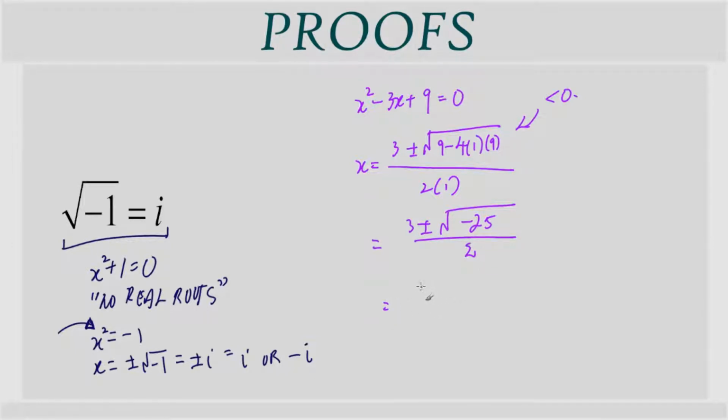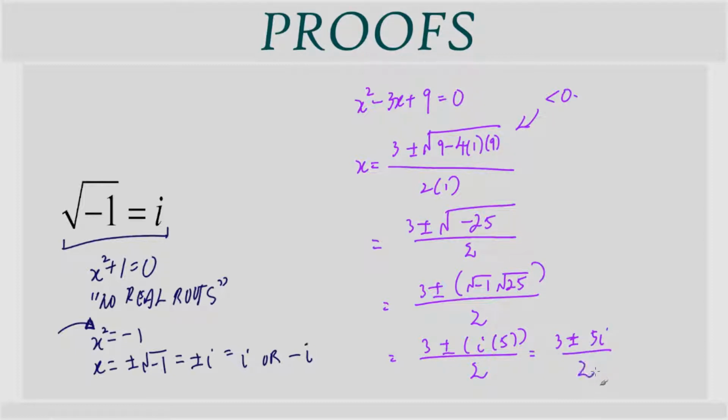And that's equal to 3 plus or minus the root of negative 1 times the root of 27 over 2. And you can see where I'm coming at, right? So it's 3 plus or minus i times root 27, over 2. And this gives us two roots, which is 3 plus or minus i root 27 over 2.